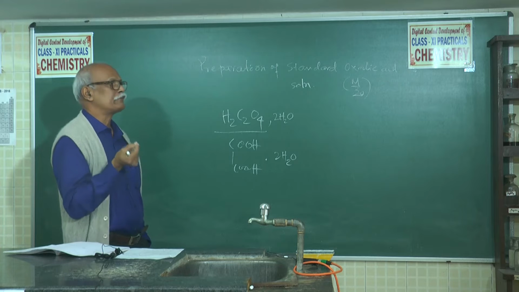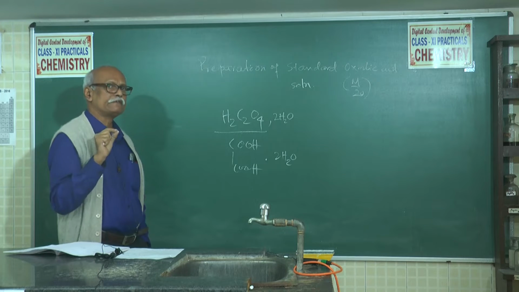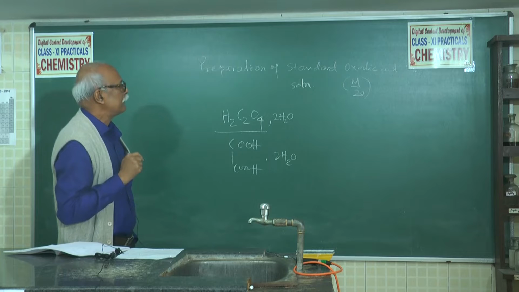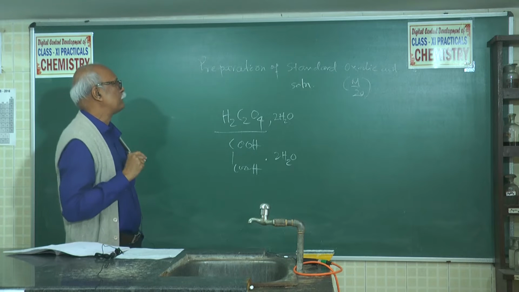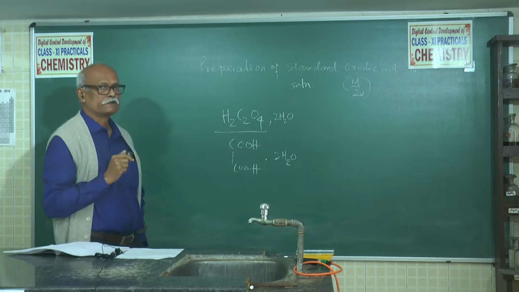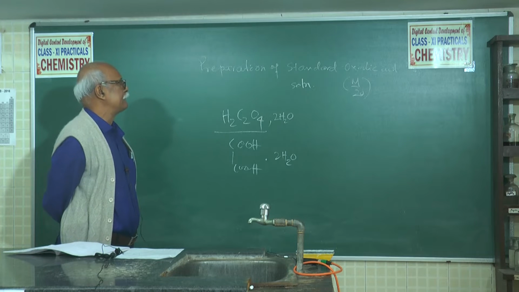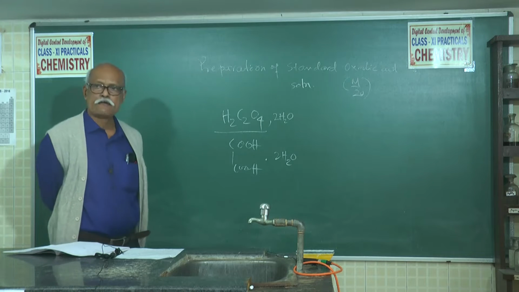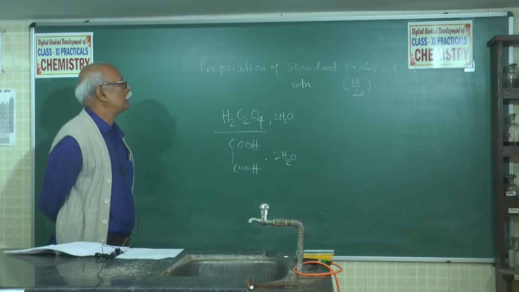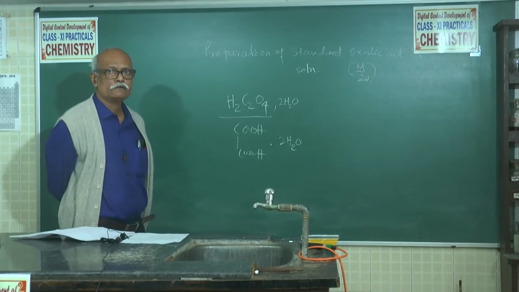If you take 0.001 and then you take 1 gram, there will be discrepancy in taking 0.001, but you can get a correct weight in 1 gram. So for that reason, your standard substance should have high molecular mass, and it should be very stable. It will not decompose.